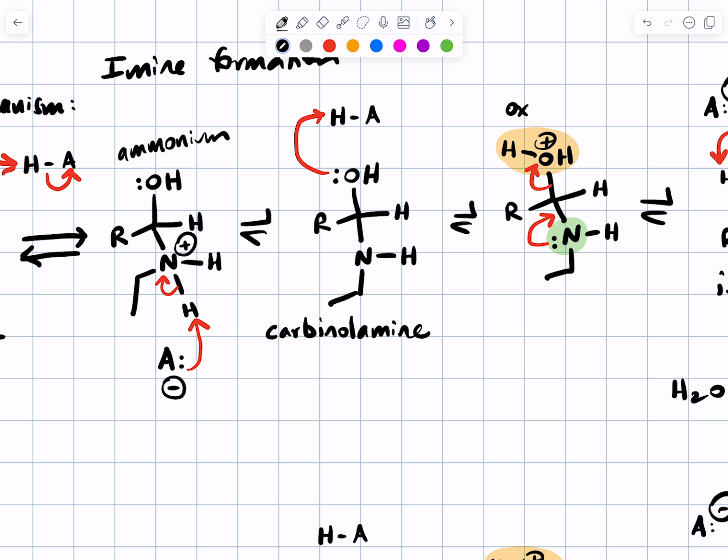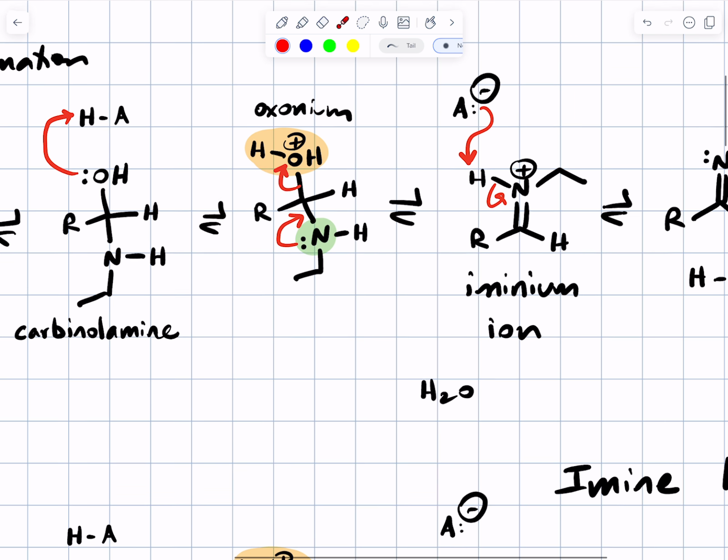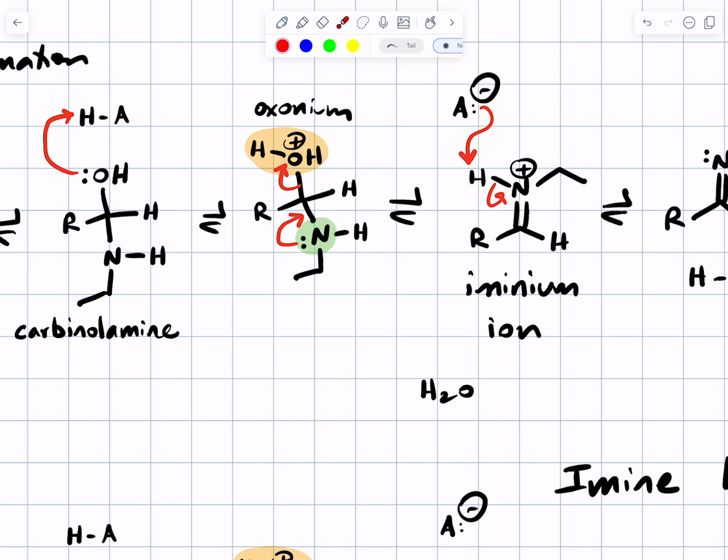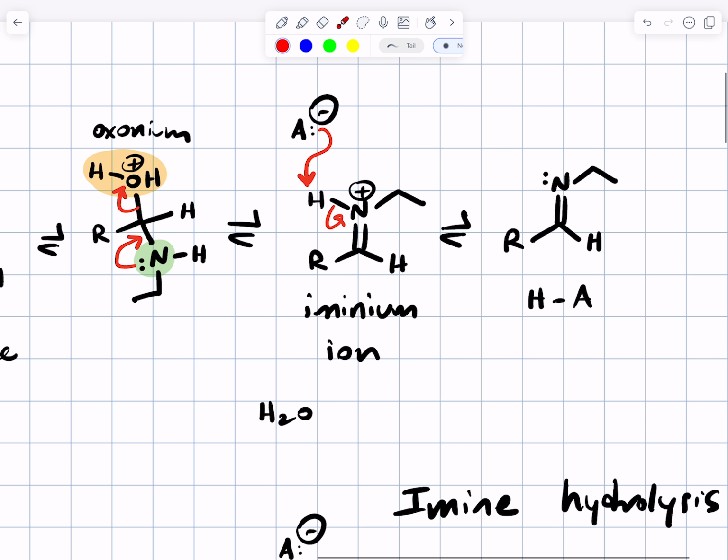Ammonium and oxonium. And then the highlighted group in orange is a good leaving group. The neutral nitrogen acts as a kicker-offer to get to this iminium ion, which is deprotonated by the conjugate base of our acid, thereby generating the imine product.